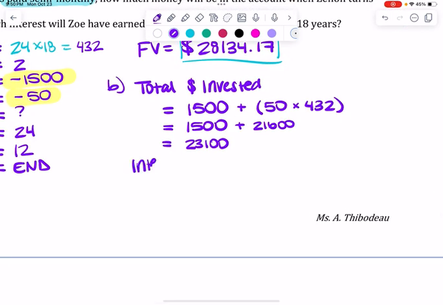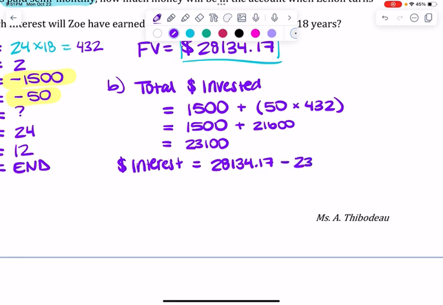Now the interest she earns, interest in dollars, is equal to the difference between what she ends up with and what she totally invested, the total amount of money that she invested. So she ends up with, or I guess Zenon ends up with, $28,134.17.